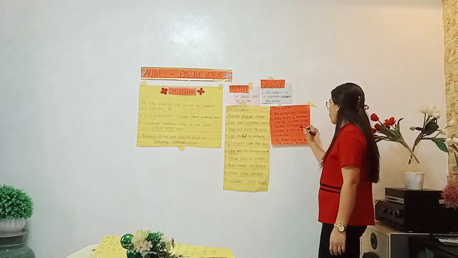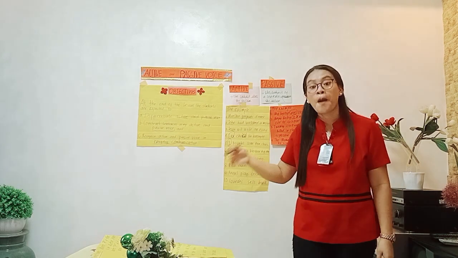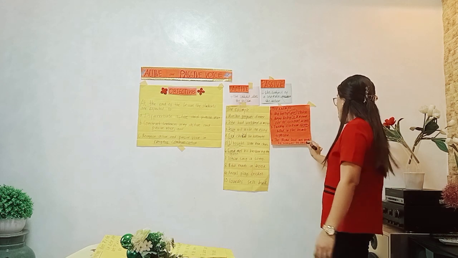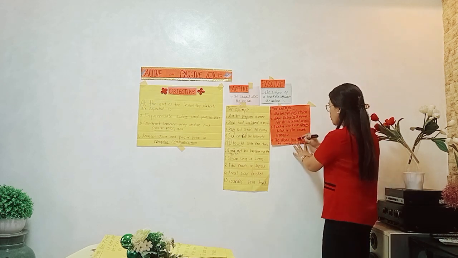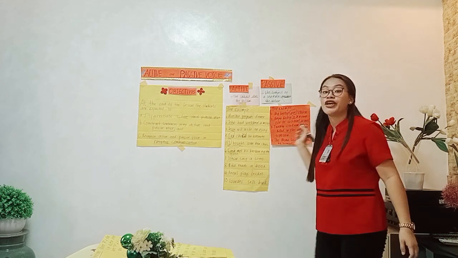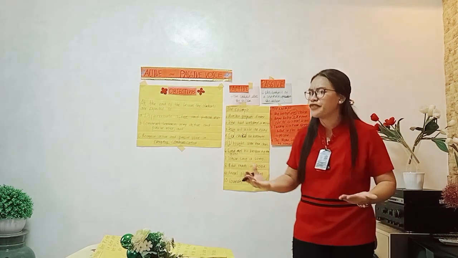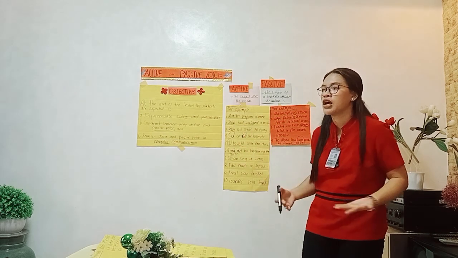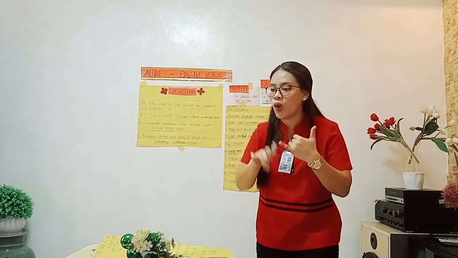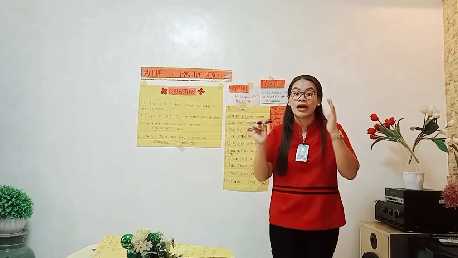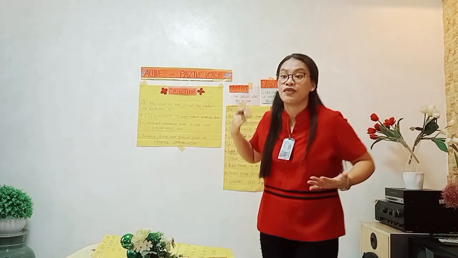The word were, it is automatically passive voice. Another example: the Mona Lisa was painted by Leonardo da Vinci. The word was. Always remember, class, in identifying the passive voice, if you notice the words was, were, are, so that is automatically passive voice.